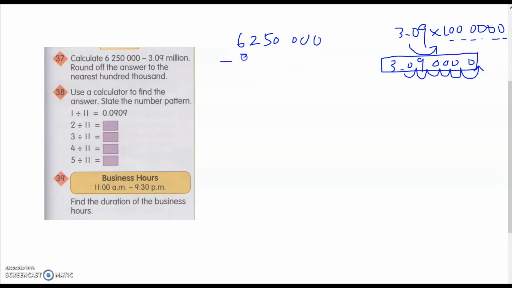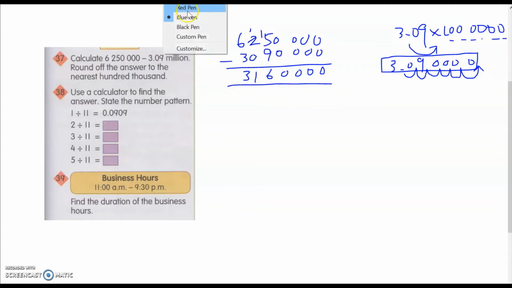Okay, so 3, 0, 9, and then I have 4 zeros behind. Okay, so I minus. So it becomes 1, right? Okay, so 3.16 million. Then I need to round off to the nearest 100,000.